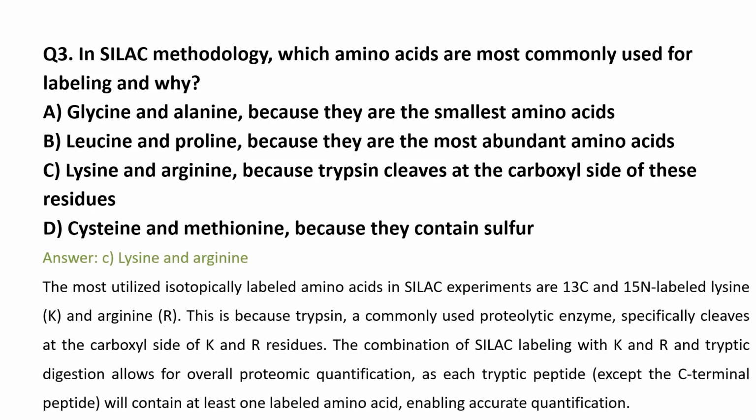The combination of SILAC labeling with lysine and arginine and tryptic digestion allows for overall proteomic quantification, as each tryptic peptide except the C-terminal peptide will contain at least one labeled amino acid, enabling accurate quantification.